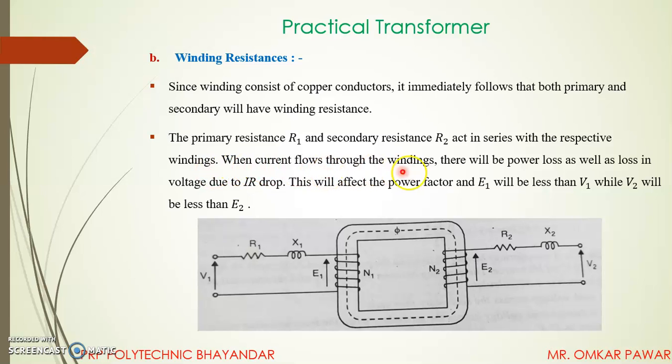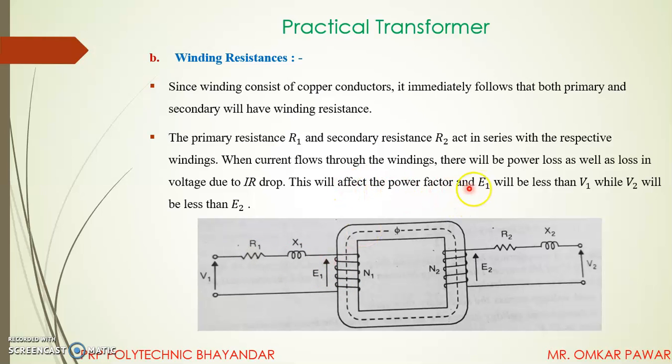So when current flows through the windings, there will be power loss as well as loss in voltage drop due to the resistance drop.